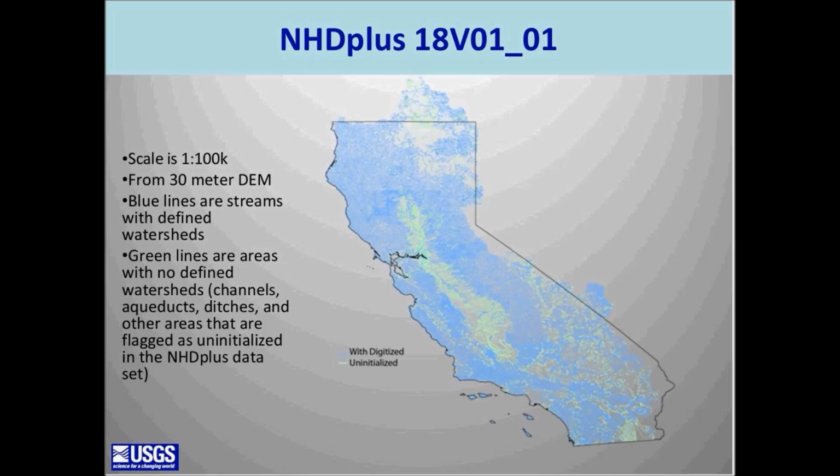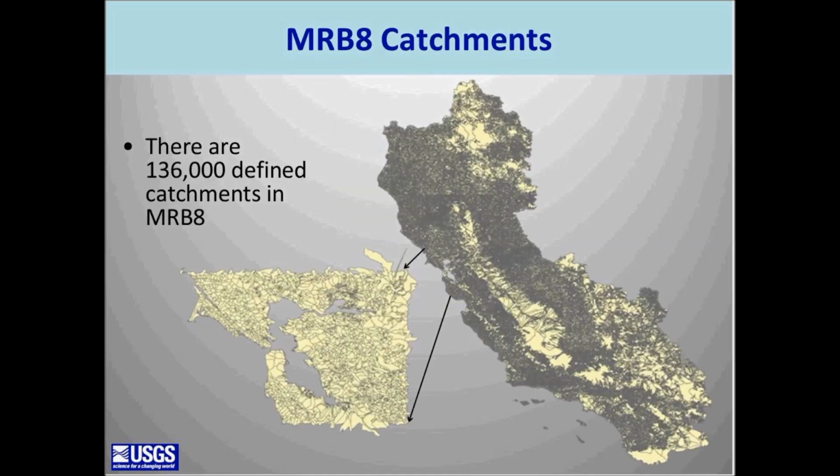In our study area, we have 136,000 initiated streams, which are streams that have watersheds. Once we start off with our NHD Plus data set, each one of those streams is assigned a watershed catchment. You can see to the left a close-up of what's going on in the whole state.